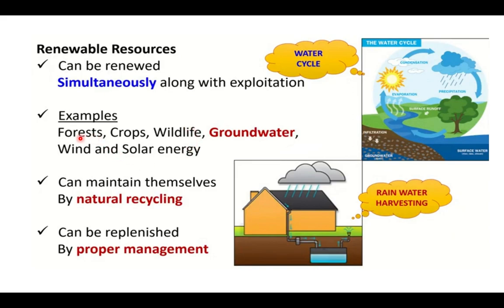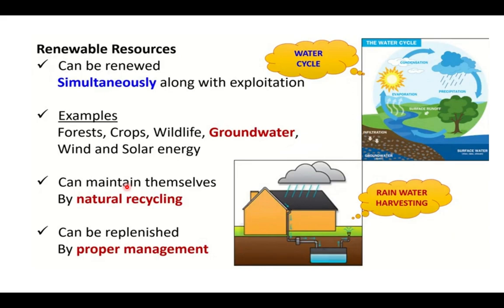Forests are naturally available. If you cut the trees in the forest, afforestation can be done, replantation can be done so that it can be renewed. Or crops, after cultivation, plantation can be done. Likewise wildlife, groundwater, wind, solar energy.